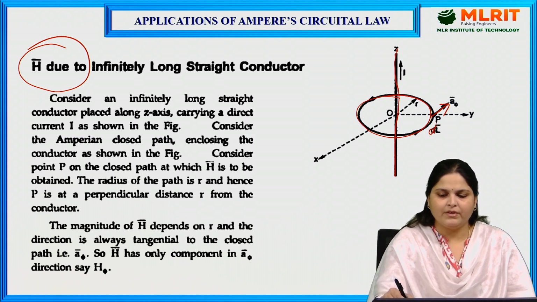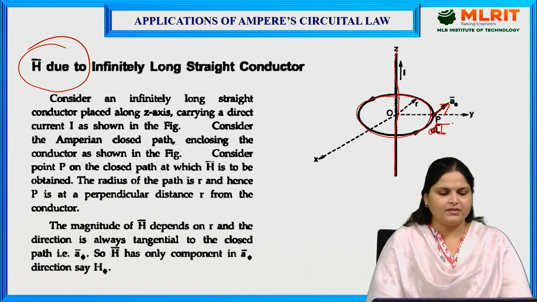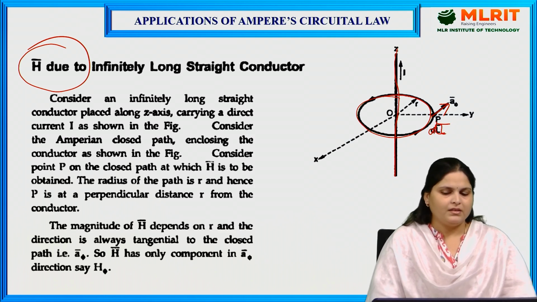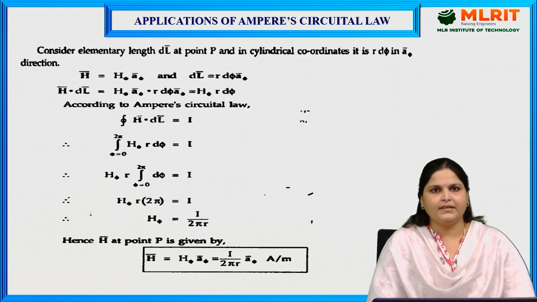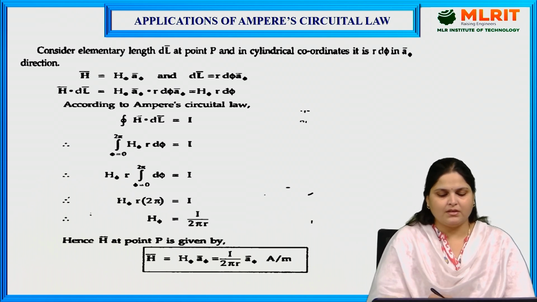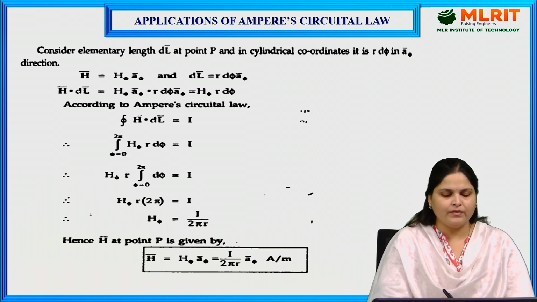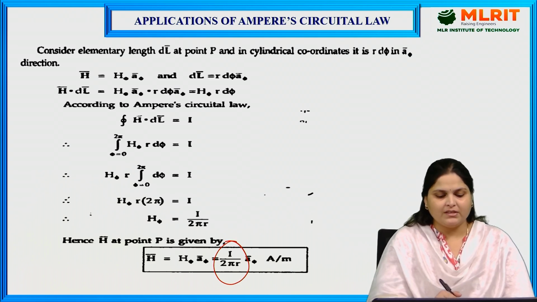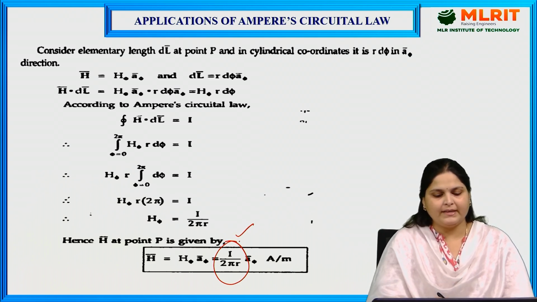Here we are considering one small length dl, and we will find the magnetic field intensity due to this current carrying conductor. I told you in the previous proof how we are getting this I upon 2 pi r. That is one of the applications, and I will now explain how we get this.